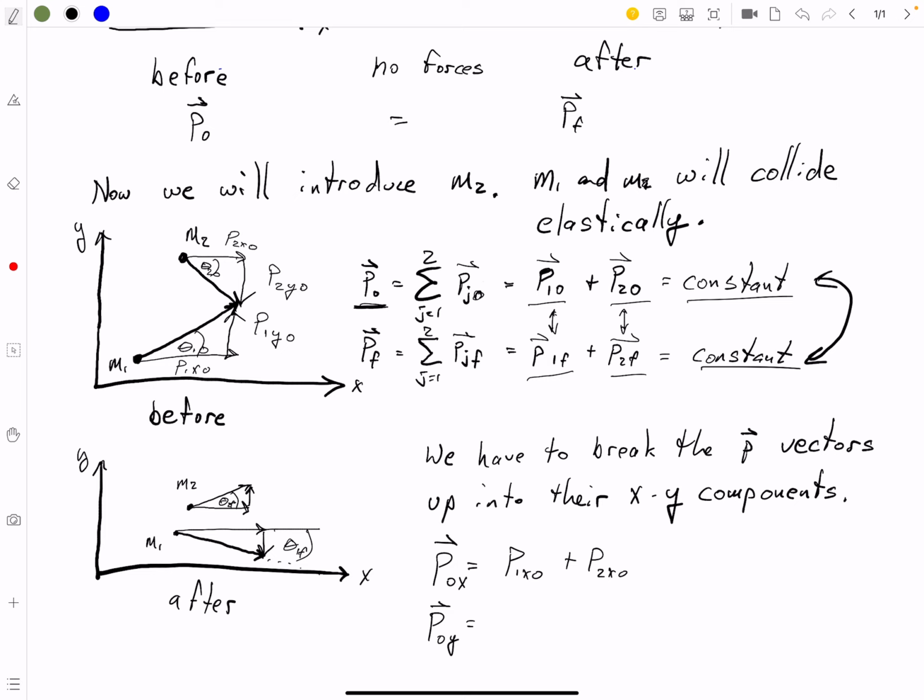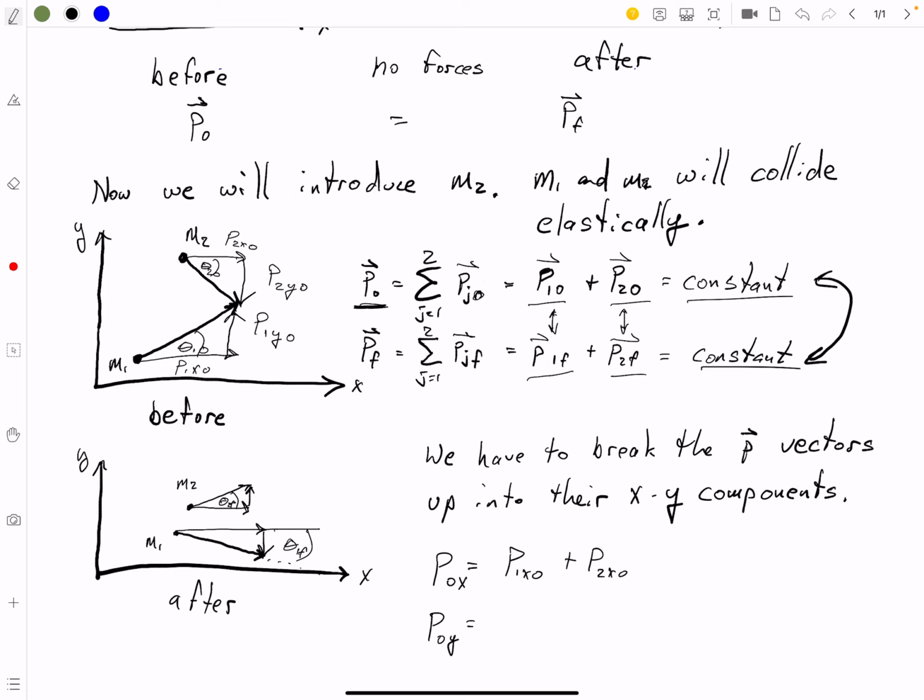In fact, I'm not going to put vectors on top of this because we know which direction these things are going. And I'm handling my negatives and positives from my diagrams. So I can tell which ones are negative and which ones are positive, how they lay in my coordinate system.